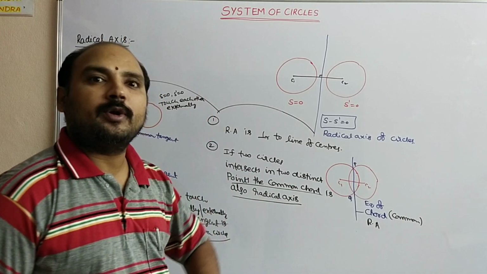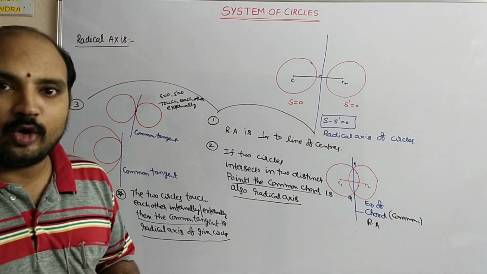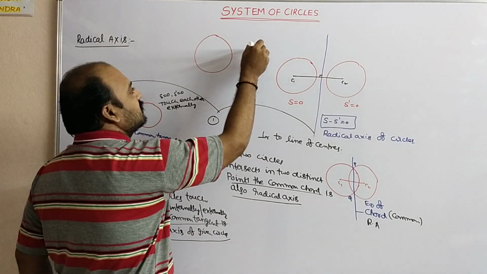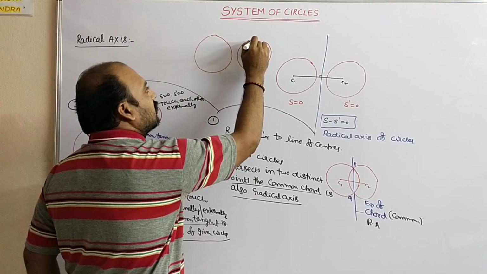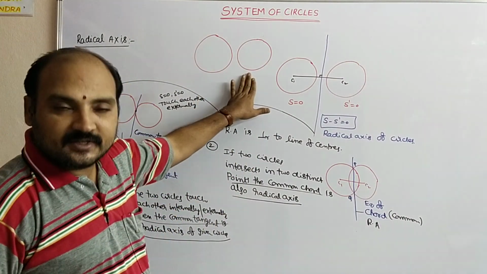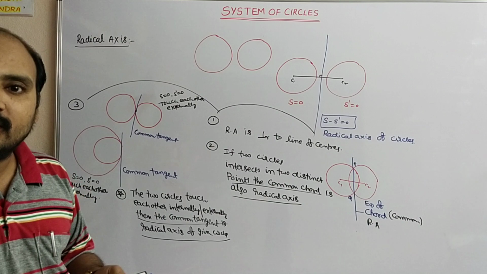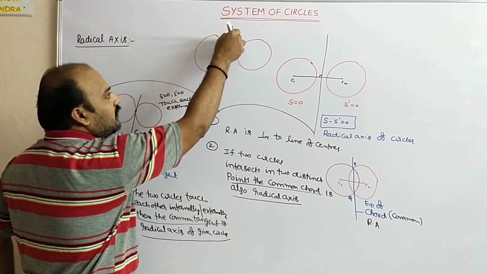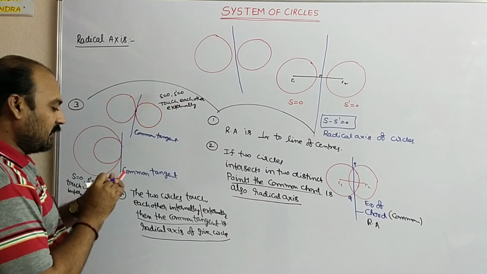Here one more important point we can discuss. If the relative position of the circles is like this, that means one circle is completely away from the other circle, and the circles do not intersect, the radical axis will be in between the circles, like this or like this.